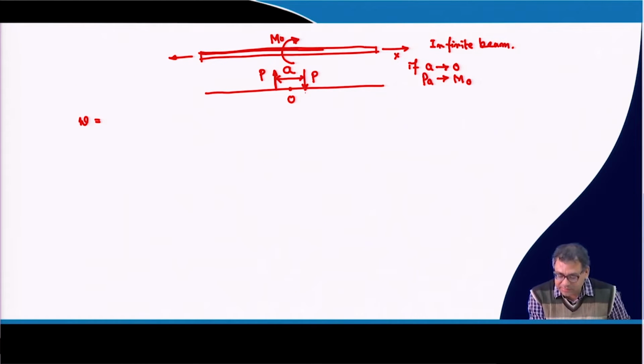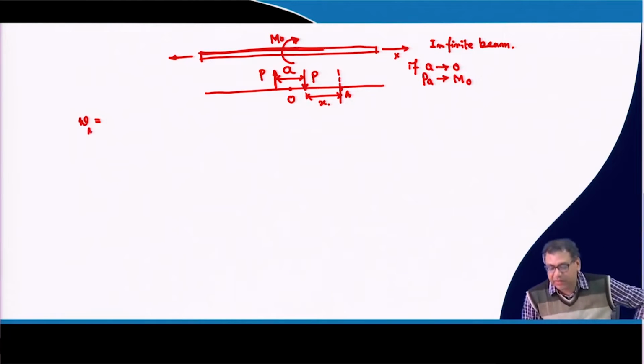The distance from this point P to the other concentrated load point is a, but in one case it is acting downward, in the other case it is acting upward. Now suppose we have a point whose distance from the downward load is x, and I want to determine the deflection at this point. So what will be the deflection at point A?